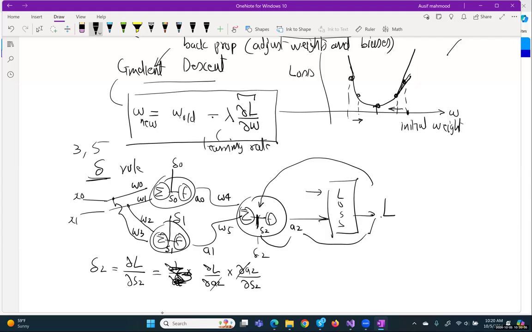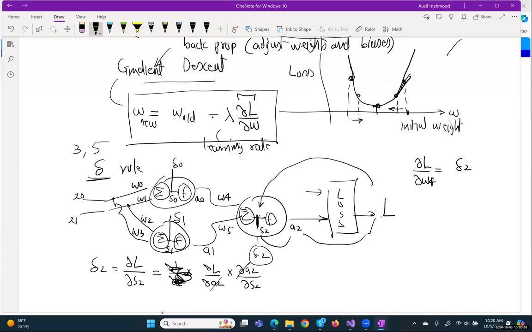If it is W4, the new value of W4 will be W4 old minus lambda partial L over partial W4, right? So if we know delta 2, the question is, what will be partial L over partial W4 in terms of delta 2? Can anybody figure that out?